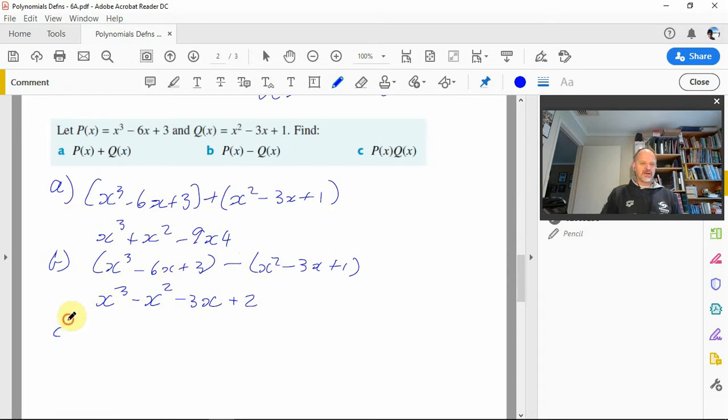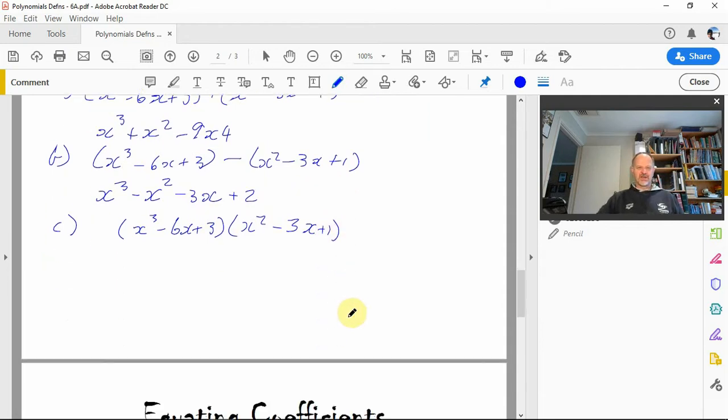All right, and then the last one is we've got to multiply these things together. So we've got to expand and collect all our like terms, which is a bit of work.